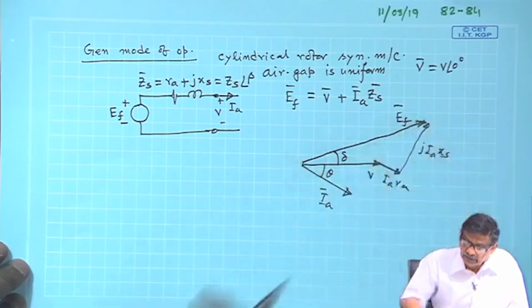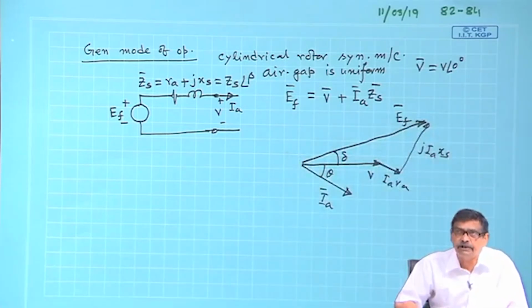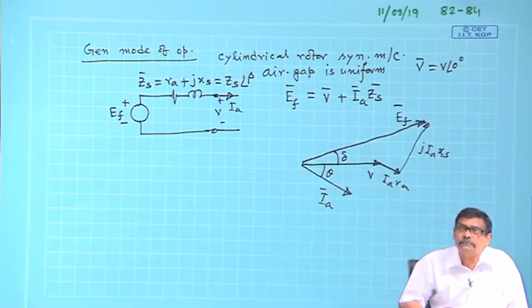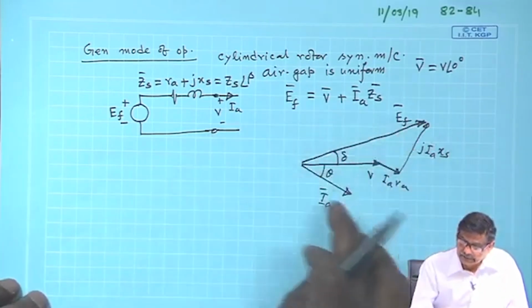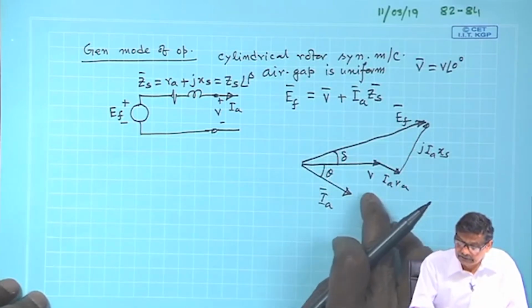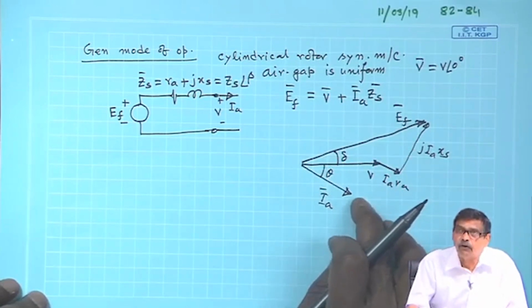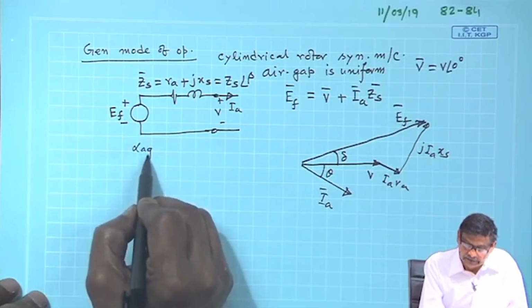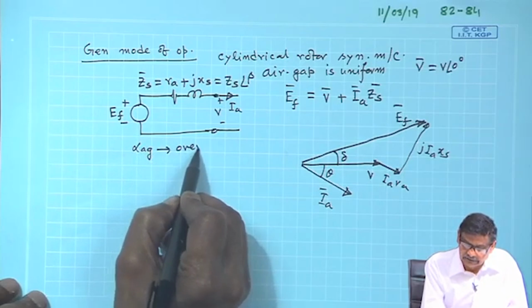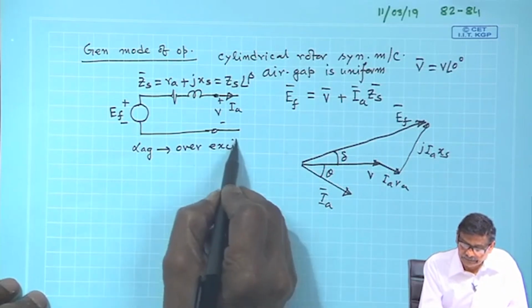The length of E f is a measure of the field excitation, and length of V is a measure of approximately the resultant field. Okay. Therefore, this generator supplying a lagging power factor load is over excited. So, it is lagging power factor, it is over excited, we know that.